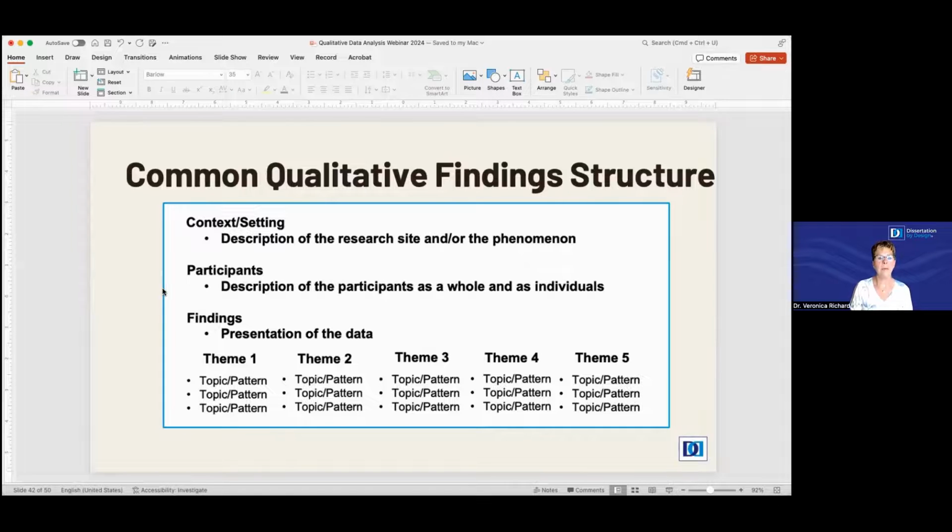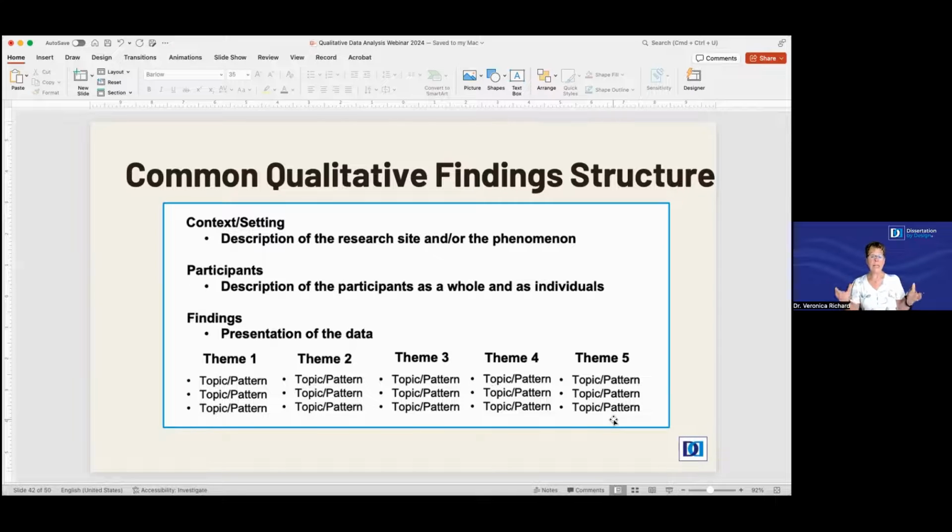Okay, there we go. This is just something that I use to guide myself, and guide others when they're starting to think about writing up your setting and your participant section.